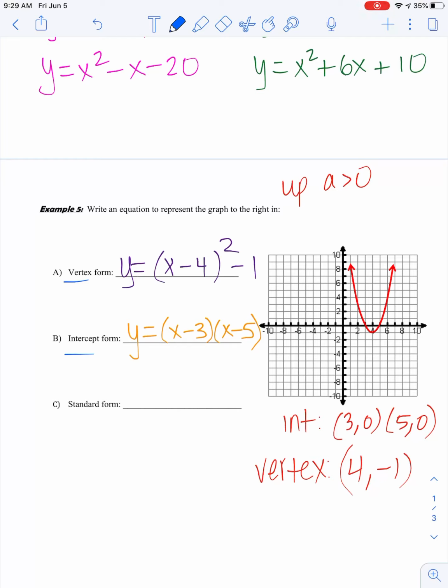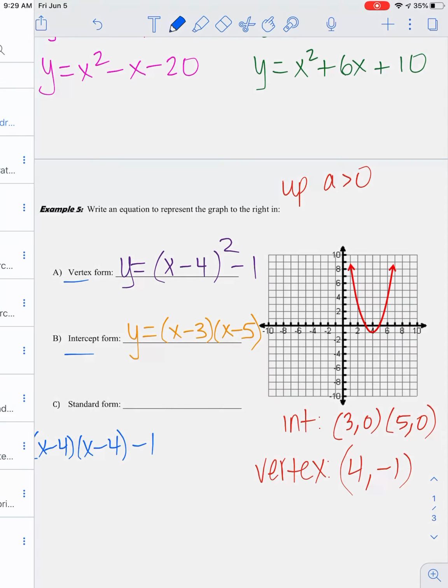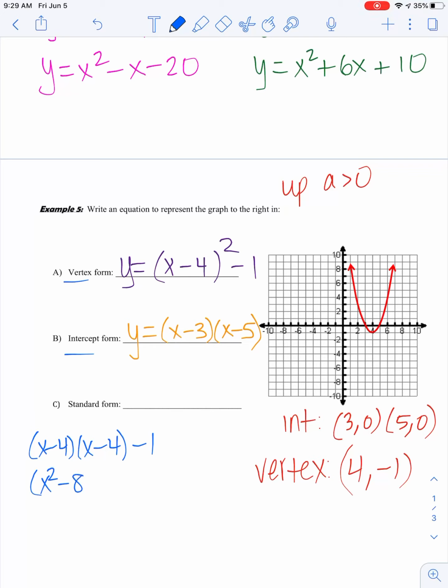I'm actually going to do the vertex form and intercept form just to check and make sure we get the same thing. So if I start with the vertex form, x minus 4 times x minus 4 minus 1, that would be x squared minus 8x plus 16 minus 1, which is x squared minus 8x plus 15.